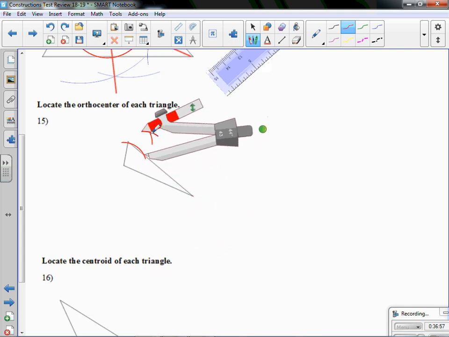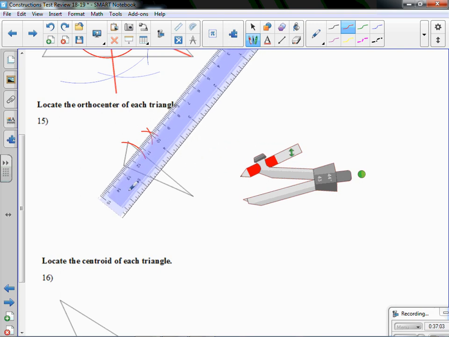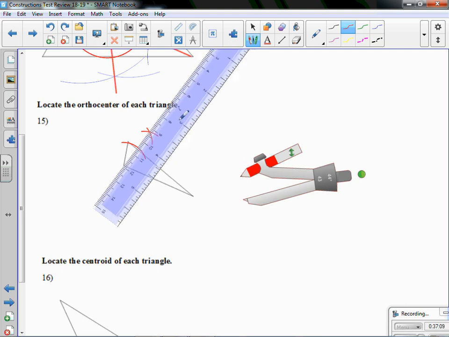Make another arc here, intersect that one. And we can draw in our segment. Goes through our vertex and the intersection of those two arcs. Cool.